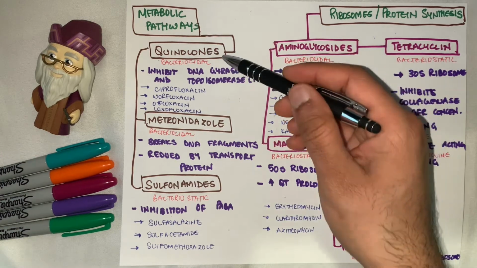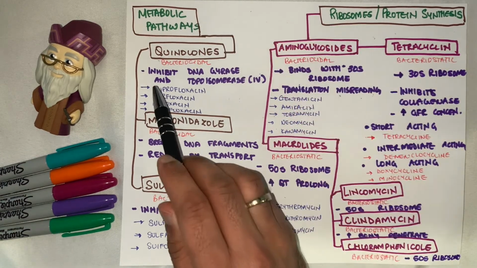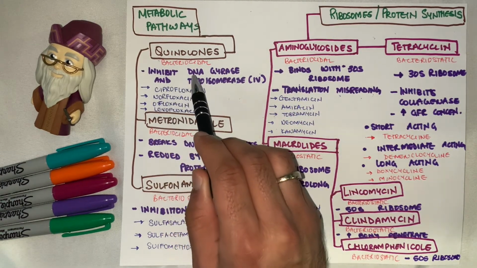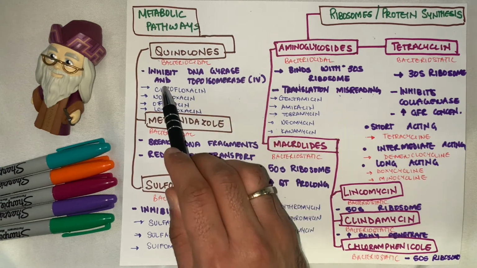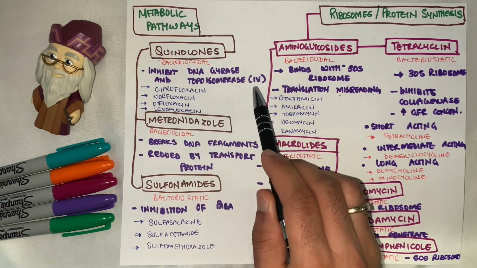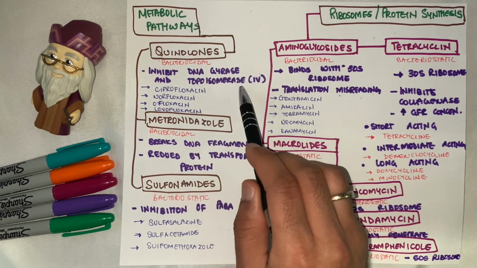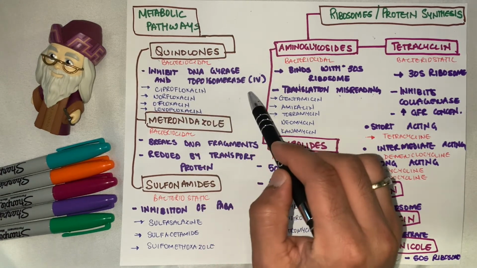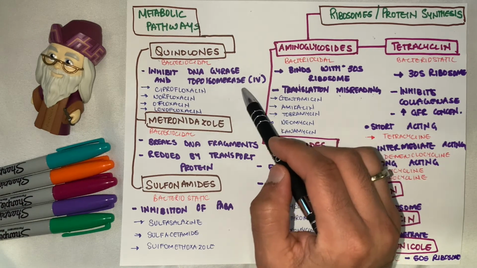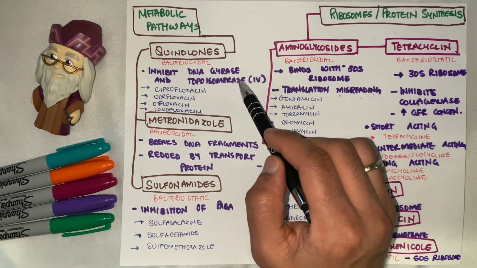So let's break them down one by one. Quinolones will act by inhibiting the DNA gyrase and topoisomerase IV. These two, DNA gyrase and topoisomerase, are very important for the growth, the formation, the structure of the DNA of the bacteria.